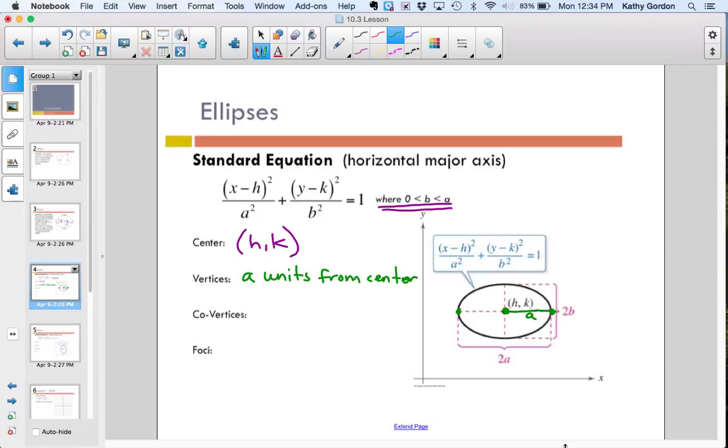And the a units comes from the square root of the biggest denominator. The total distance of our major axis is then 2a units. From vertex to vertex, that's what's labeled down here, is the 2a units. But a actually represents center to vertex.